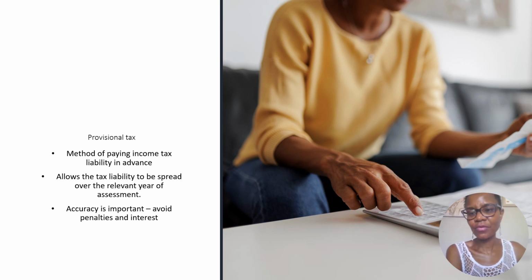And then on assessment, the provisional tax payments will be offset against the liability for normal tax for the applicable year of assessment. It is important to be as accurate as possible in estimating your provisional tax payable, because if you're not accurate and let's say you've under-declared your provisional taxes, a penalty will be levied if the actual income tax payable is significantly more than the taxable income estimated on the second provisional tax return.